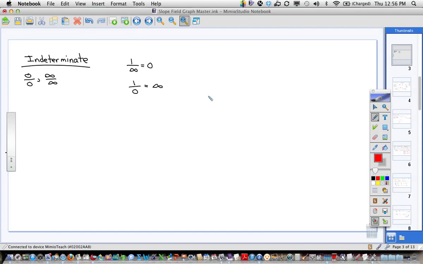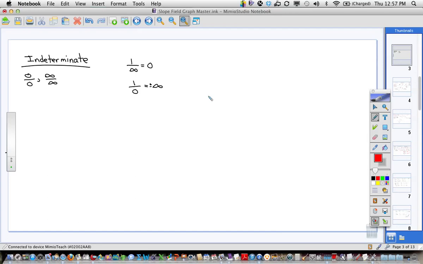The only reason they say that's no good is because you have to think about positive and negative. In other words, what you have here is 1 over something really small. But the problem is, is it a really small negative, or a really small positive, like problem 21.5 that we did, right? So this could be better, I suppose, if you put plus or minus infinity, then maybe that would be a little better, okay?